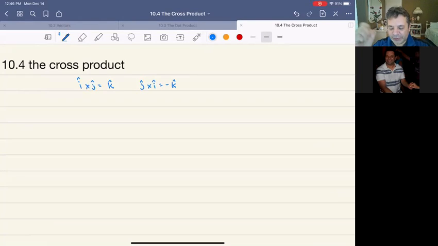So put out your first finger, i for x, j for y, and then the k is the z, so that's going to be positive. Now, if you tried to go the other way, j cross i, y and x, that's going to be the opposite direction, right? Remember, your x's go with your index finger, or your pointer finger.